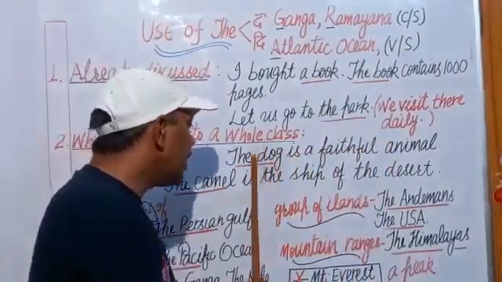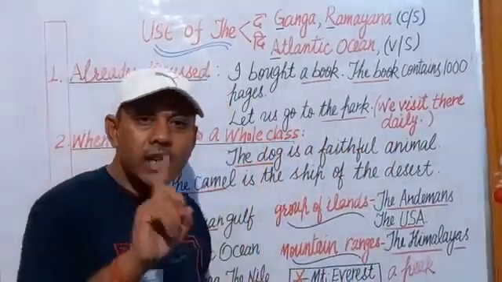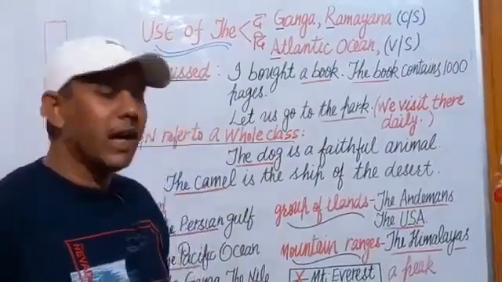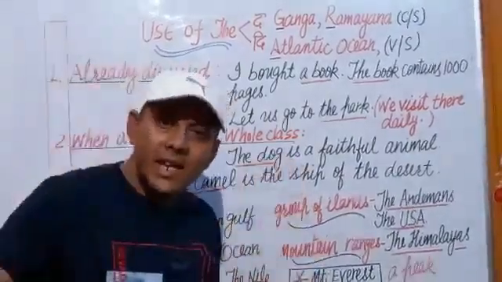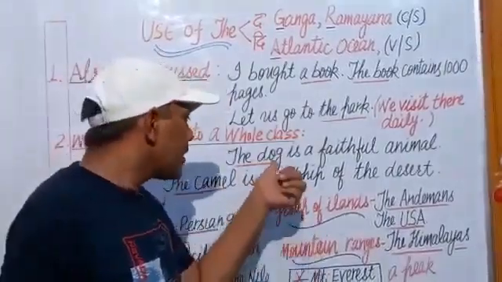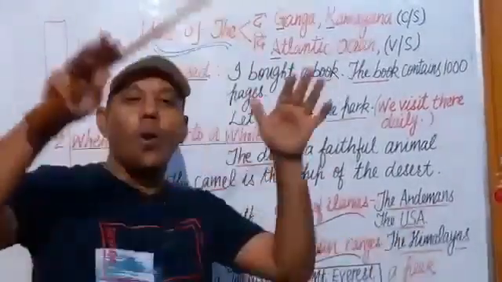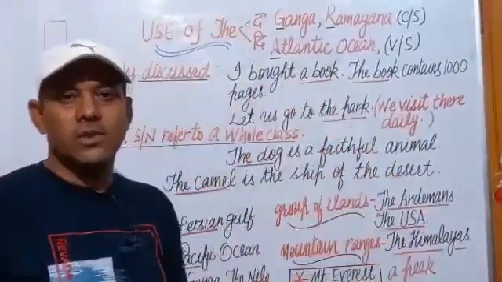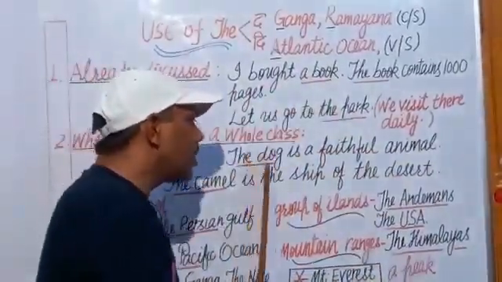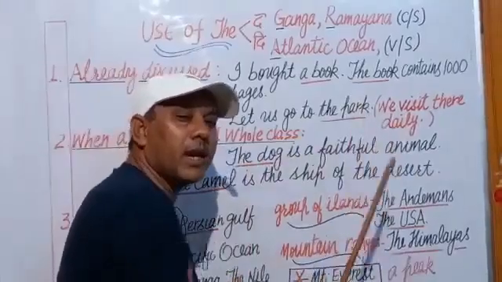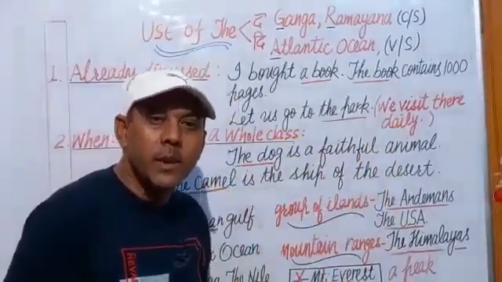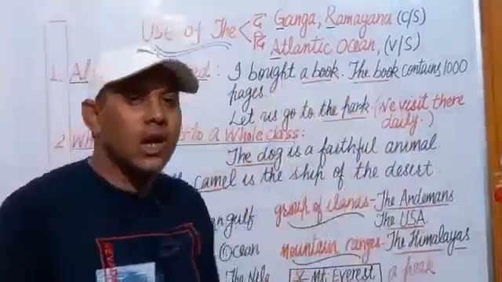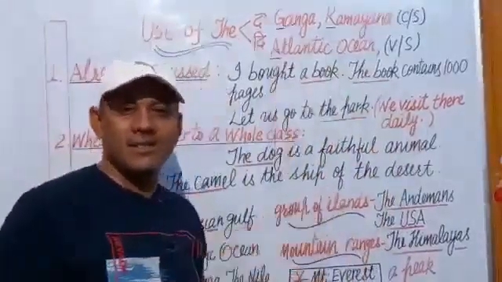Here, this noun dog is not a specific dog. This is not also any one dog. This noun dog represents the whole dog family, the whole class of dogs. That's why I say the dog is a faithful animal. What does it mean? It means all the dogs are faithful animals.